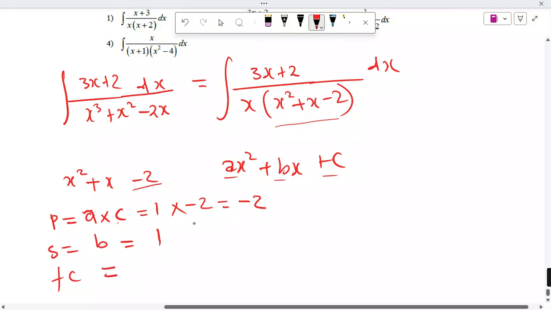Then for factors, we are looking for two numbers that when you multiply them give you negative 2, and when you add them give you 1. By now you have to know how to find factors.